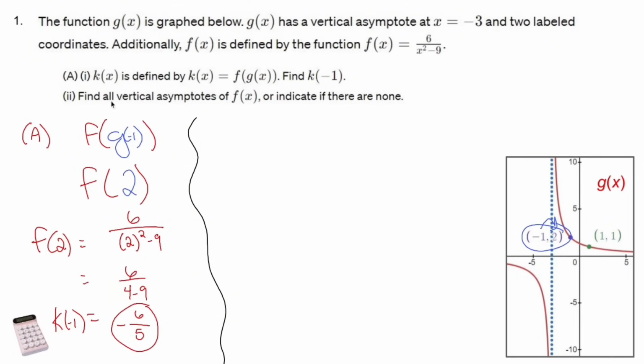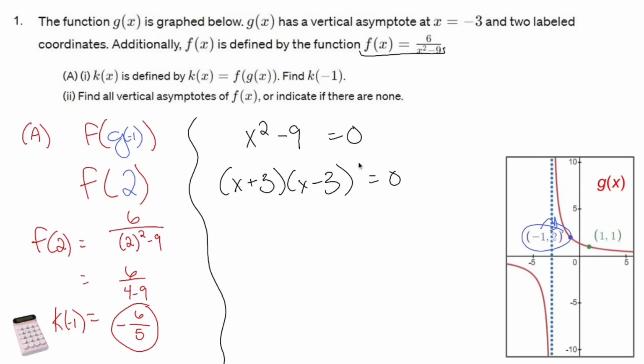Part 2 is asking you to find all the vertical asymptotes of f of x, or indicate if there are none. f of x is given to us by that. Vertical asymptotes exist when the denominator is equal to 0. So x squared minus 9 equals 0. 2 ways you could do this. You can add 9 to both sides and square root, or you can factor this out: (x plus 3)(x minus 3).